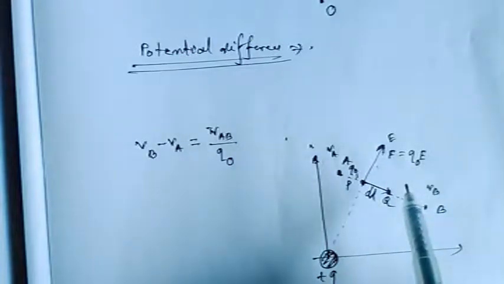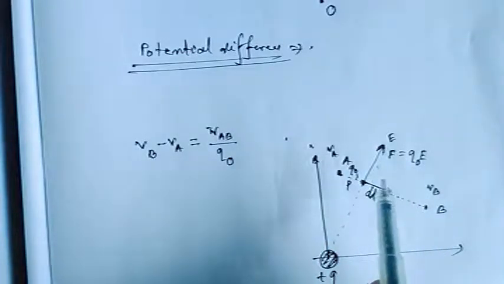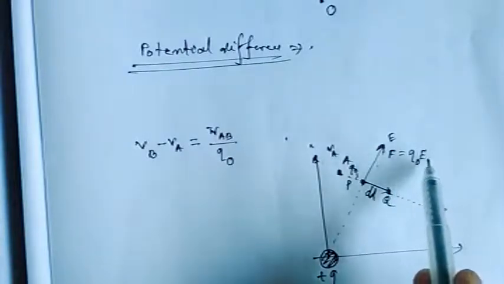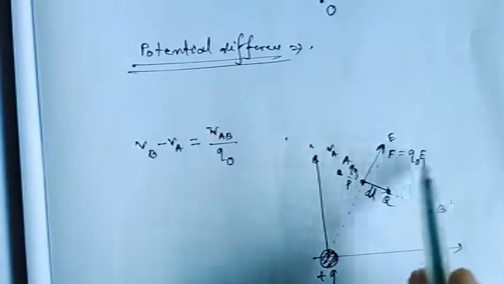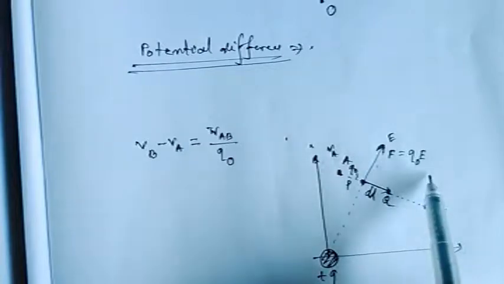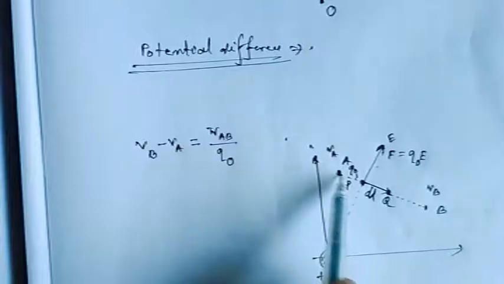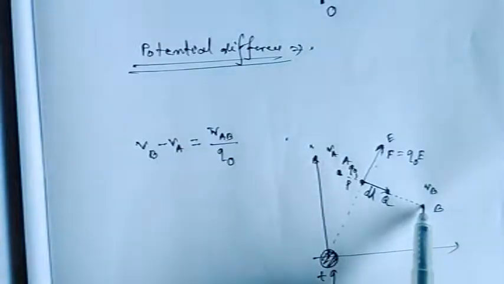So to balance this Q naught E, we have to apply minus Q naught E. Therefore, to bring a charge from point A to point B, what force do we have to apply?